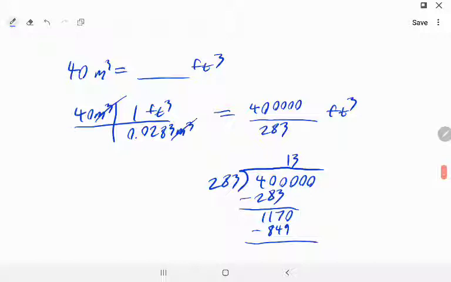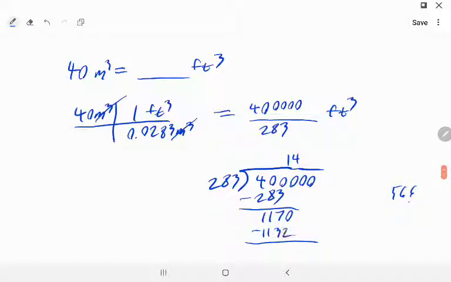Subtract, let's see. I guess we could have gotten 4. 4 times 283 gives us 1132.